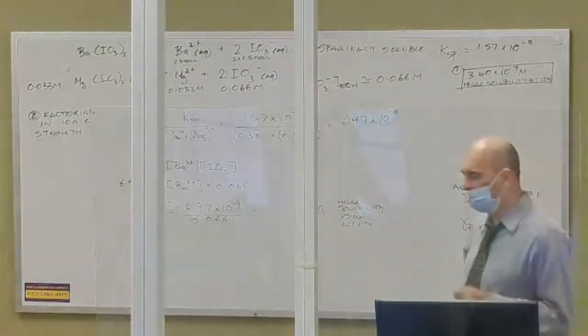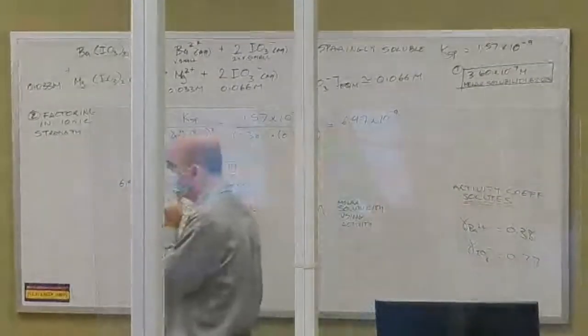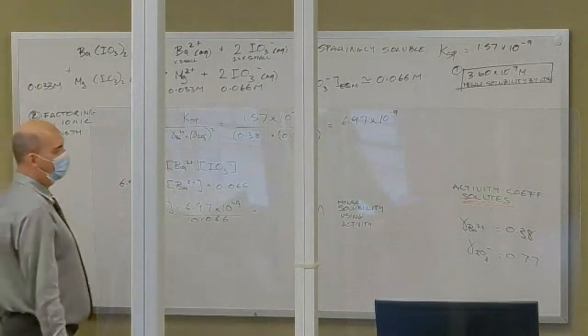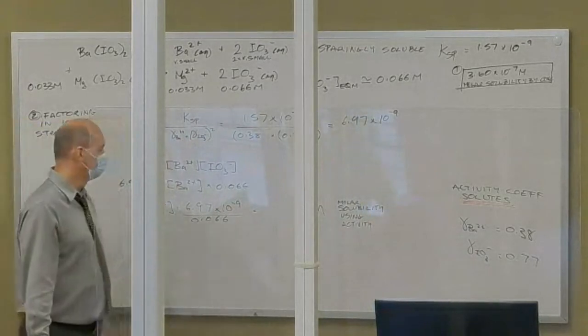The first number that we found was the molar solubility in terms of concentration. When we do it in terms of activity, it comes up with a different number. It's going to be 4 times as big.